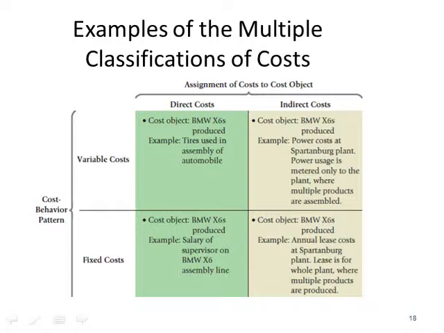That contrasts with variable indirect costs such as power plants, where power usage is metered only to the plant where multiple products are assembled. And then we see some more examples with respect to fixed direct cost or fixed indirect cost.